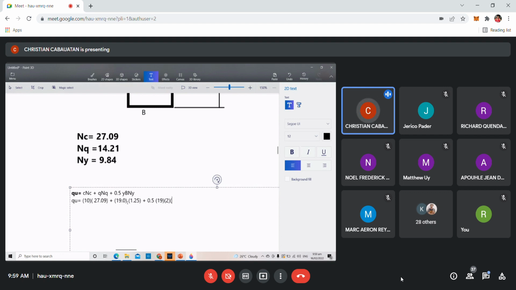May nakalimutan ba tayo sa kalagitnaan? Sir, yung NQ po. Okay, buti napansin nyo yun. So, si NQ is 14.21. Careful of that. Okay? Si N gamma ay si 19.84. Wala na? May nakalimutan pa ba tayo? Okay na. All set. All set na ba?